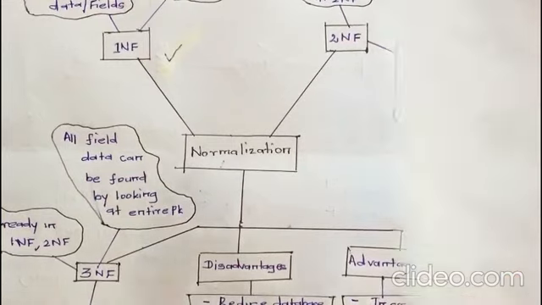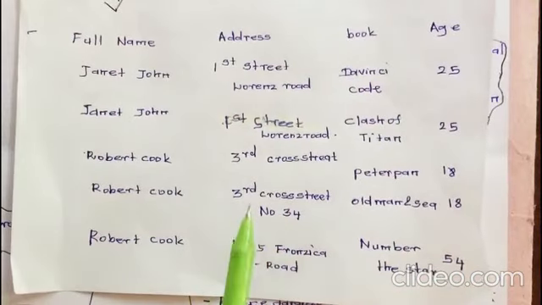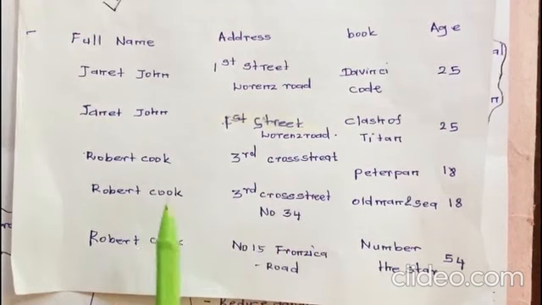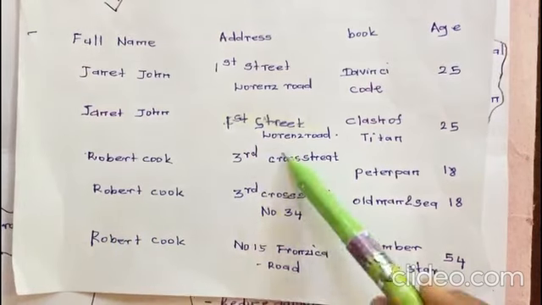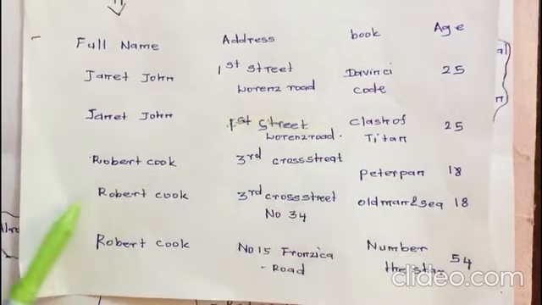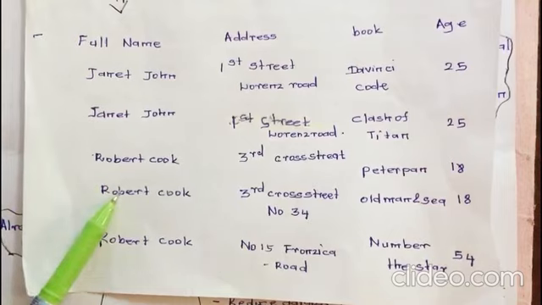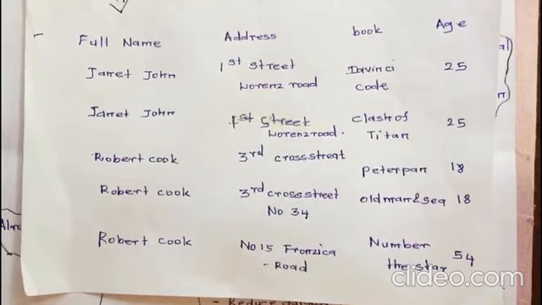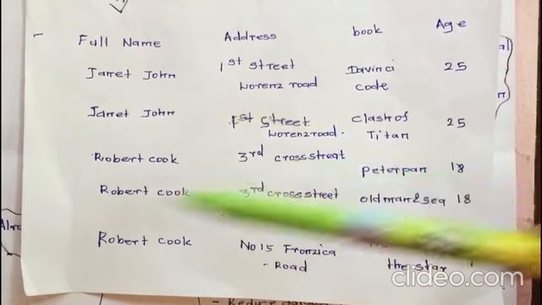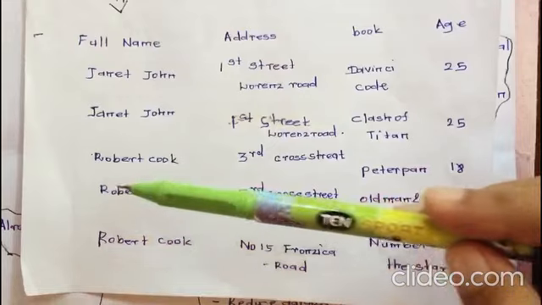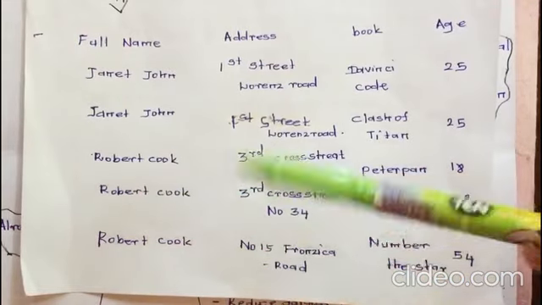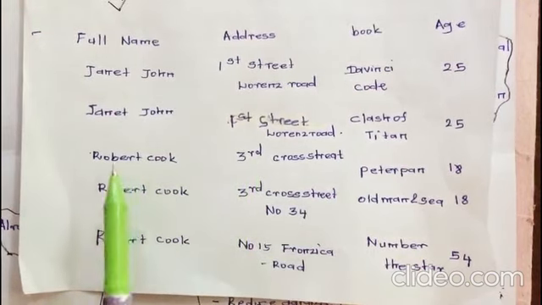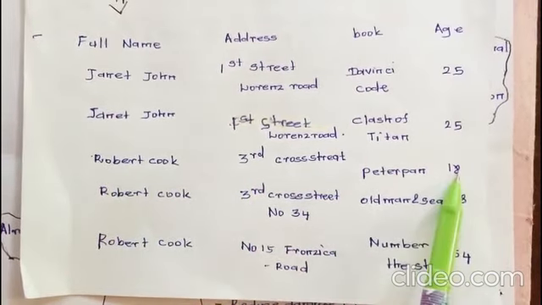So, if you see this table which is in first normal form, you can see there are rows which have the same names, and therefore if we can't identify a row using a single primary key attribute, we need two attributes to identify the entire row uniquely.